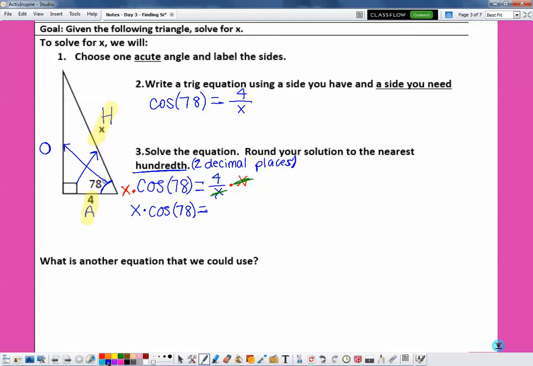So I'd just be left with 4. But unfortunately, x is still not by itself. We need to divide both sides by cosine of 78. Those would cancel out.